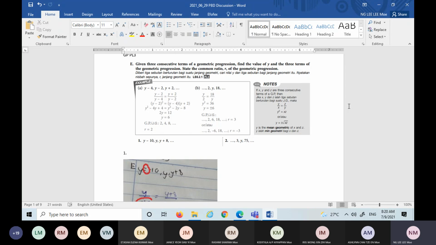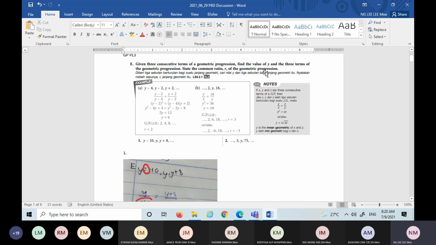Although I say this is an assignment, this is a PBD, Pentafsiran Bilik Darjah. You have to do it by yourself without referring to your friends. You can refer to the examples I give you.